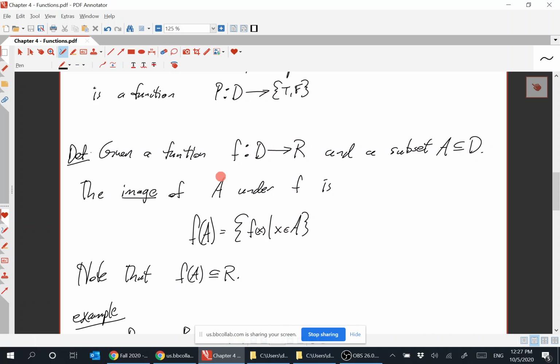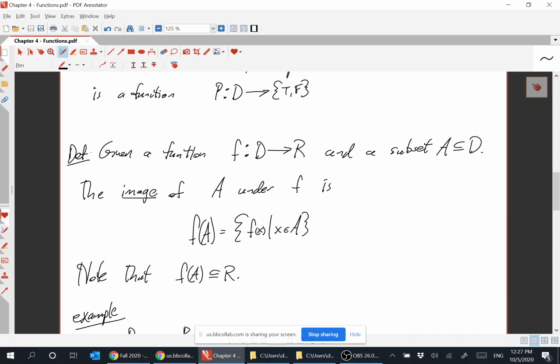Especially when we start talking about images and pre-images. But it's critical because they're an important part of mathematics. So please do take some time to remember the definitions that go along with functions, images, and pre-images.